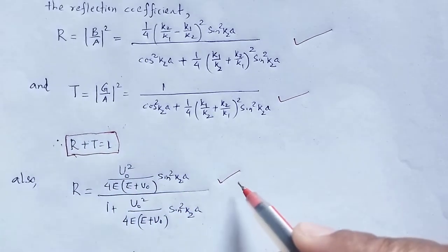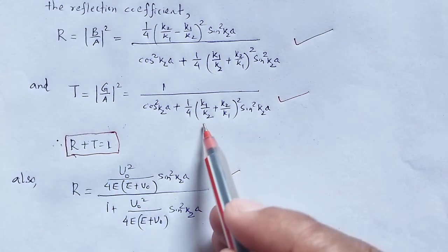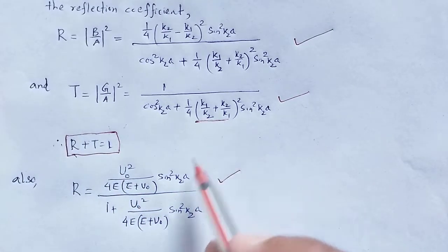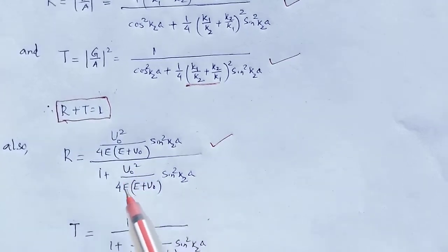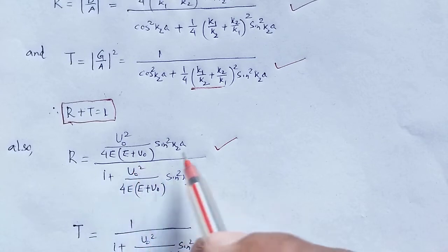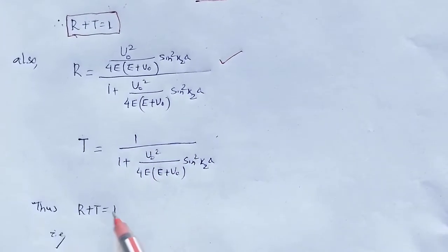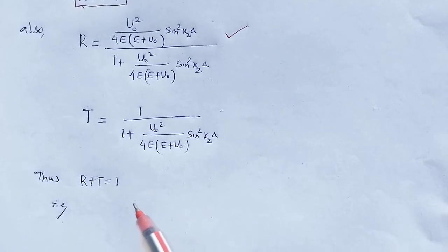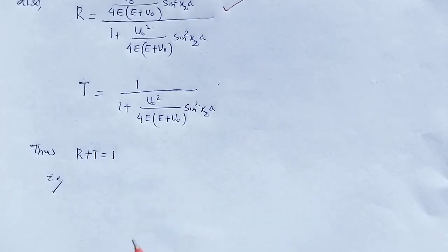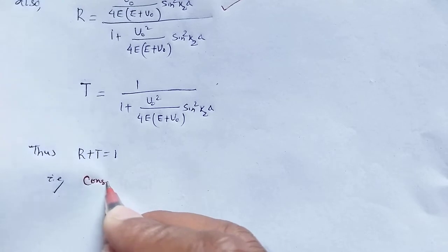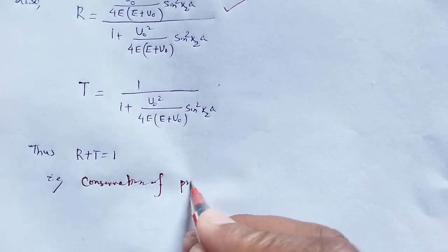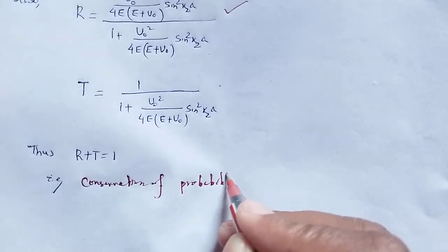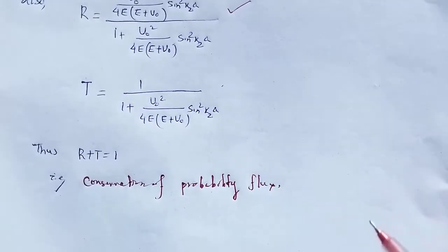Also R is equal to that much, in terms of u naught squared divided by 4E(E plus u naught), and the value of T, thus R plus T is equal to 1. This is the conservation of probability flux.